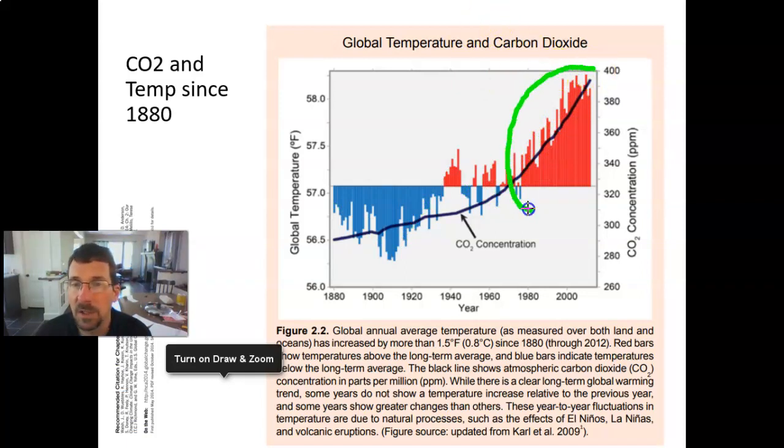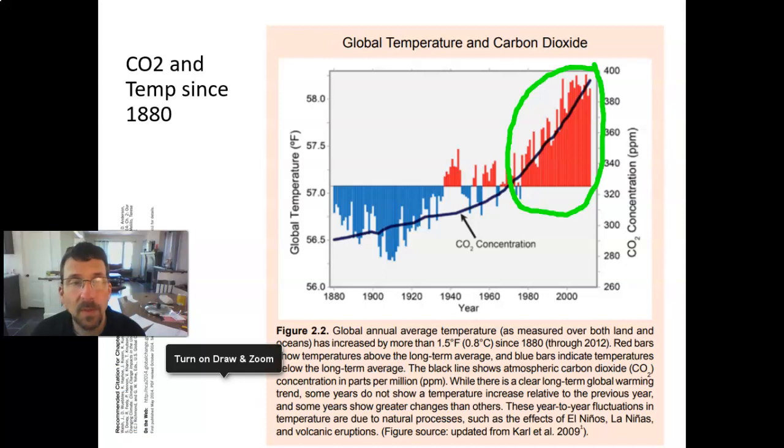So especially over the last few decades, it is a very strong relationship between temperature increase and CO2 increase. All of this is part of the strong evidence that we have that there's a connection between greenhouse gas concentration in the atmosphere, specifically in this case carbon dioxide, and rising temperatures globally.